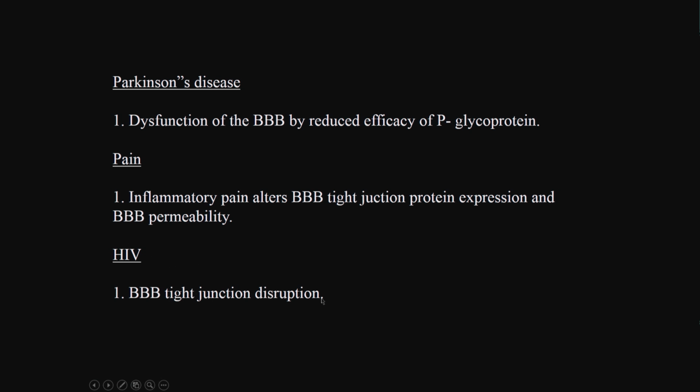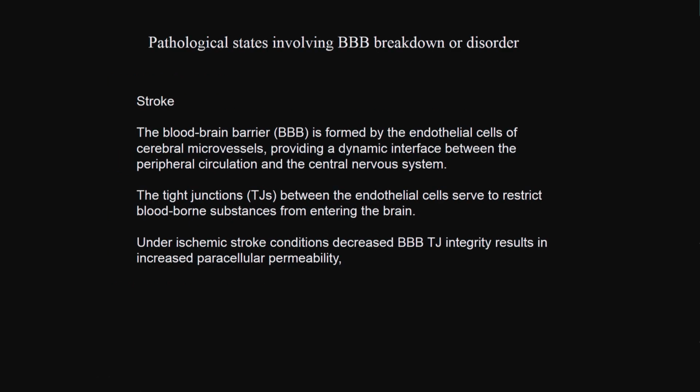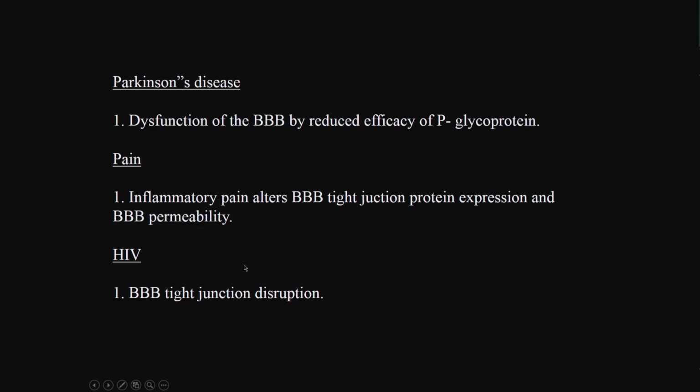HIV again affects the tight junction disruption. Because the tight junction has been compromised, you may have paracellular permeability. So all these diseases can have an effect on the BBB, and hence, instead of the BBB preventing drugs, compounds and neurotransmitters from the body getting in, they may start allowing them.